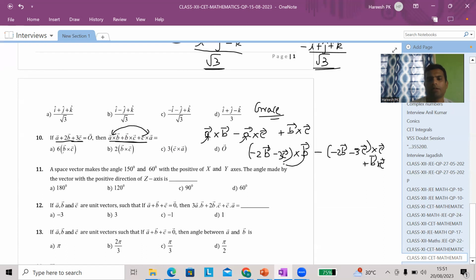Now we know that B cross B is 0, right? So you'll only have C cross B. So I end up getting minus 6 times C cross B. And here C cross C is 0. So I'll have minus of minus, plus. So plus 2 times B cross C, and then another B cross C.